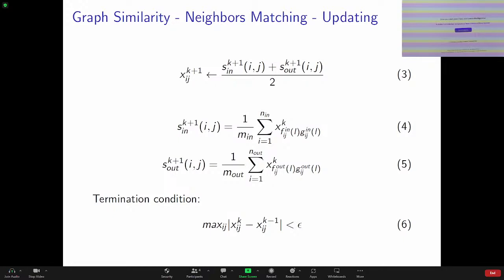At each step k+1, we take the in similarity at step k+1 and the out similarity at k+1. That would be the old approach. I forgot to update this on the presentation, but we added the equality of the labels. Here we did not multiply. For example, I can say I studied computer science, or I study right now, or I finished computer science.